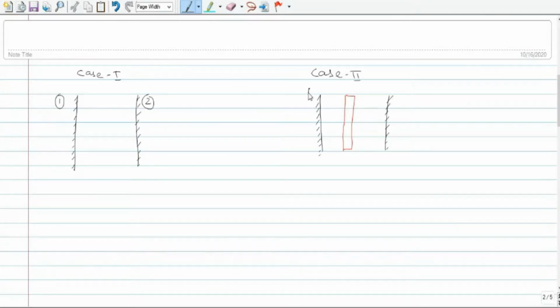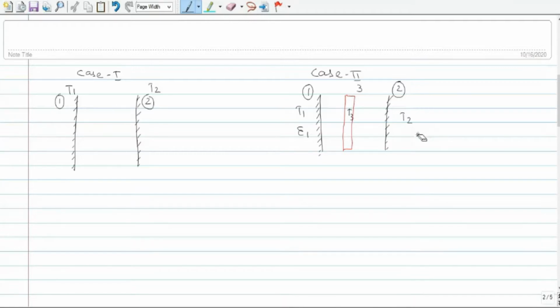This is surface 1. Similarly, I am giving the name 2, and this is 3. So the temperature of this surface is T1, and this is T2. Similarly, it is also here T1 and T2, and the temperature of this shield is T3. The emissivity of surface 1 is epsilon 1 or E1.